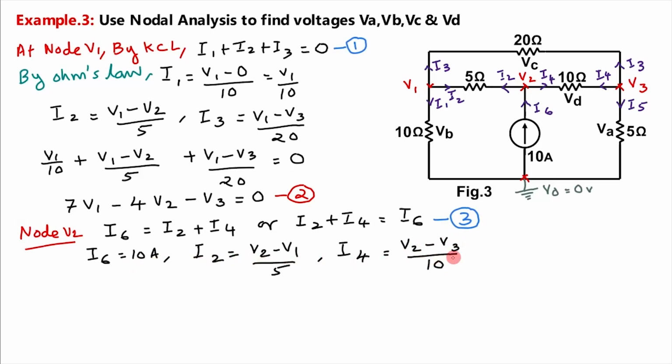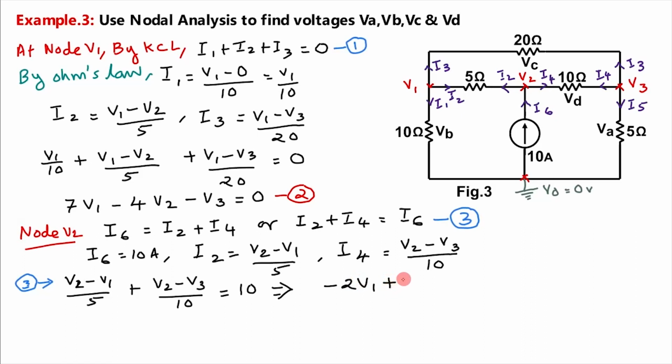Substituting these values of currents in equation number 3, it becomes V2 minus V1 by 5 plus V2 minus V3 by 10 is equal to I6, which is 10 ampere. Simplifying this equation, we will get minus 2V1 plus 3V2 minus V3 is equal to 100. Let this be equation number 4.